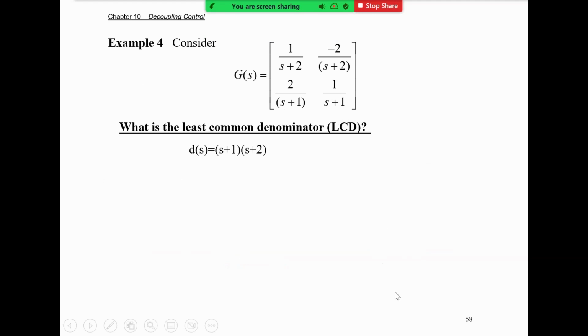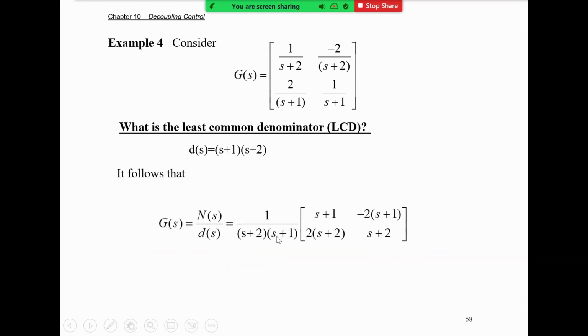So if you take out this least common denominator, then all the terms or items in this matrix do not involve any denominator anymore. That's why we want to do this. That will simplify the calculation. We do not want a calculation which involves both numerator and denominator. We want to simplify that.